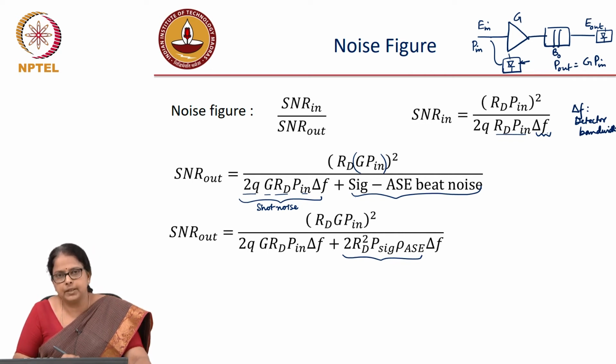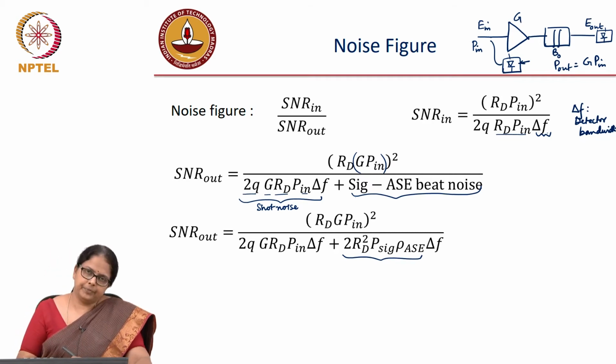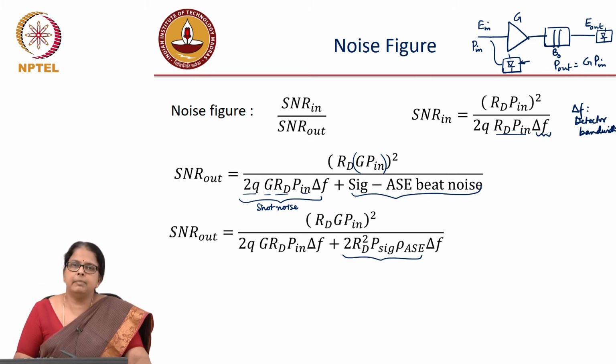That was a power spectral density, but now that the detector has a bandwidth of delta F, you have to multiply it with delta F. So we are just borrowing what we derived for the signal ASE electrical beat noise, and we know we had derived the power spectral density, so multiply it with delta F.